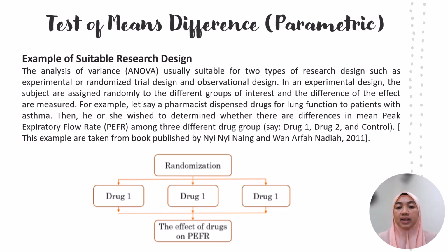For example, a pharmacist dispenses a drug for lung function to patients with asthma, and wishes to determine whether there are differences in the mean peak expiratory flow rate, PEFR, among three different drug groups: drug 1, drug 2, and control.